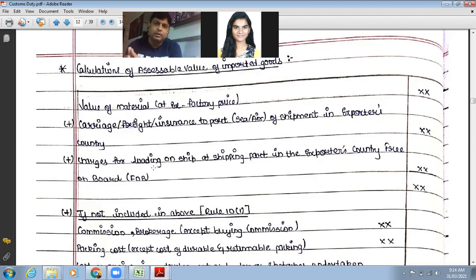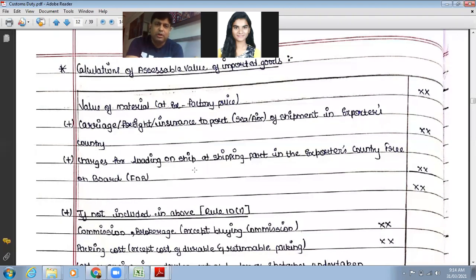Shipment cost will come. From there, you have to load all kind of goods into the ship. Then there is also an additional cost to be incurred. That is called charges for loading the goods into the ship. Okay, that is to be added.